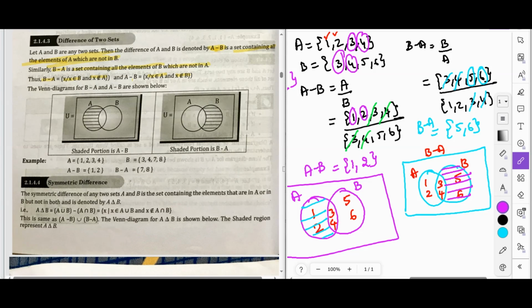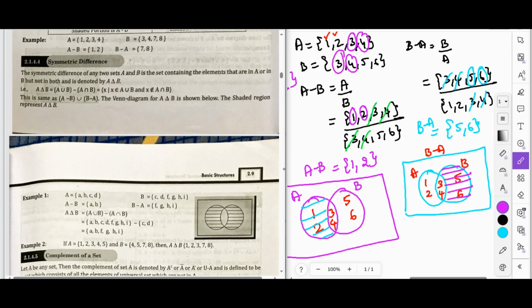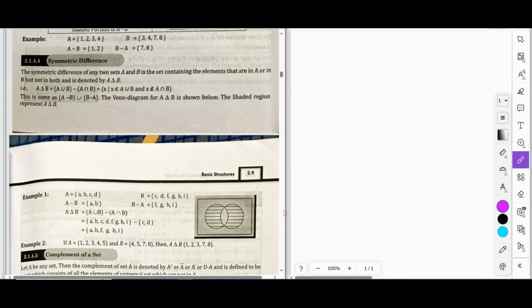Okay. Now the next one you have is symmetric difference. What is meant by symmetric difference? The symmetric difference of any two sets A and B is a set containing the elements that are in A or in B but not in both, and is denoted by A delta B. We have two formulas for this.